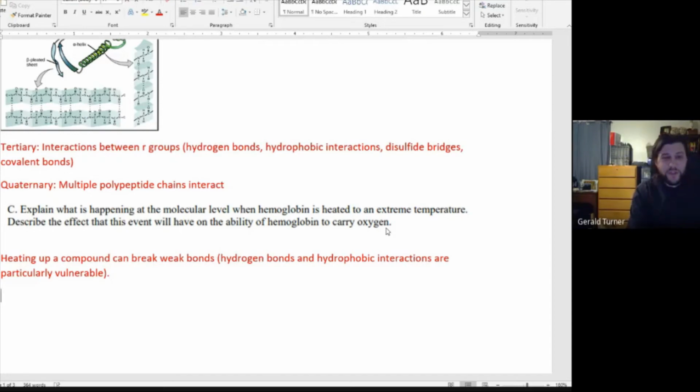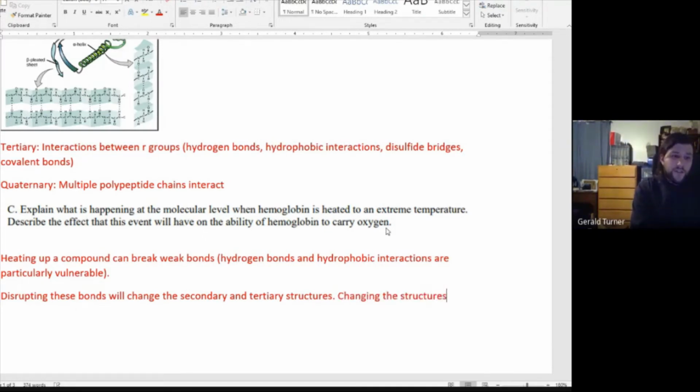So disrupting these bonds will change the secondary and tertiary structures there. And changing the structures changes the shape of the protein.